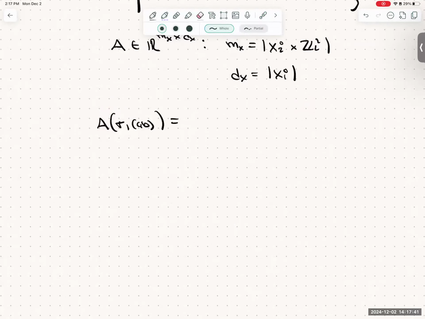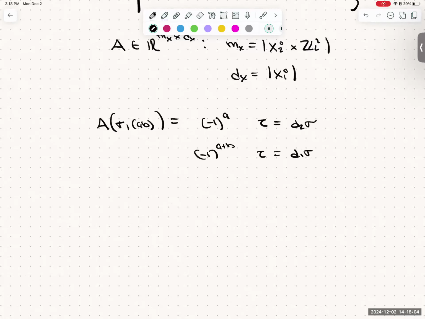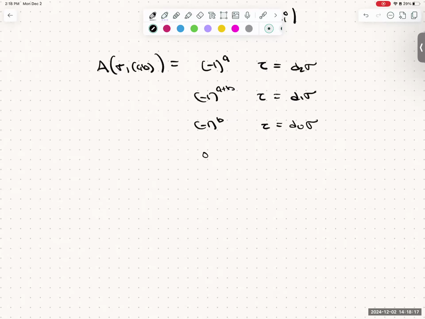So the coefficients are either -1 to the A if my edge is equal to the 2 face of sigma, -1 to the A plus B if tau is equal to d1 sigma, -1 to the B if tau is equal to d0 sigma, and 0 otherwise.